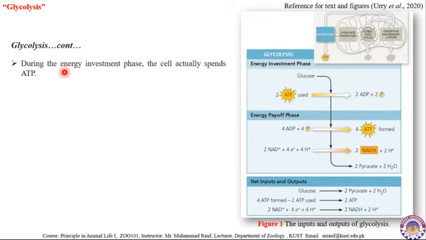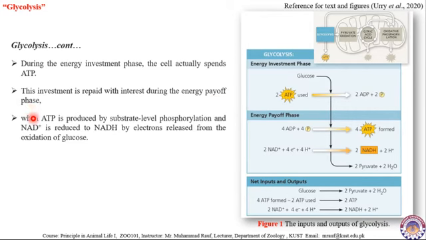During the energy investment phase, the cell actually spends ATP. This investment is repaid with interest during the energy payoff phase, when ATP is produced by substrate level phosphorylation.